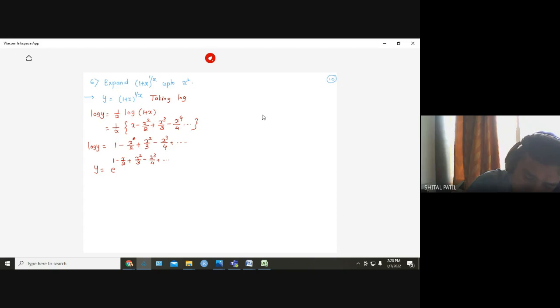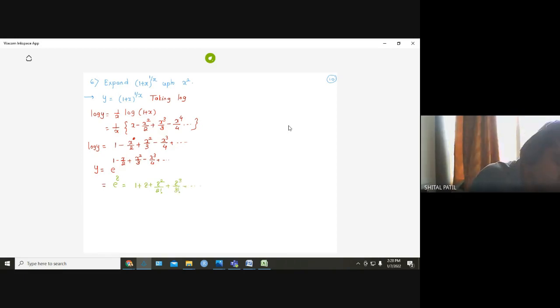Okay. Other way around. Suppose I consider it as e raised to z. Then what is e raised to z? 1 plus z square divided by 2 factorial plus z cube divided by 3 factorial and so on.